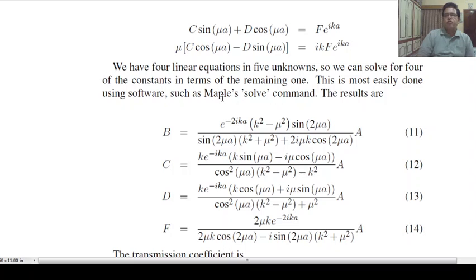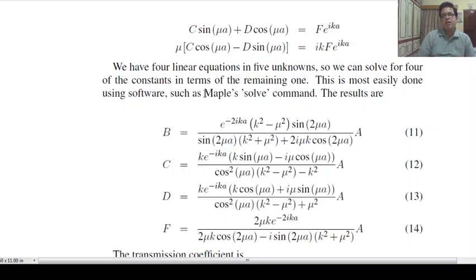There are many software packages. Maple, Mathematica, and MATLAB are frequently used for mathematical analysis, which is very rigorous and lengthy to do by hand.